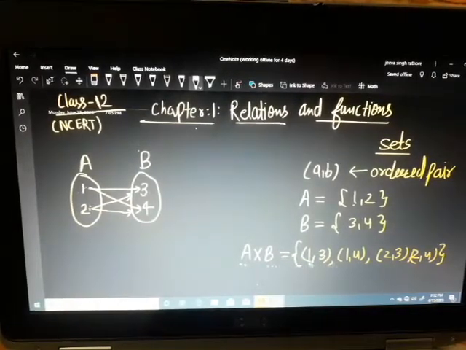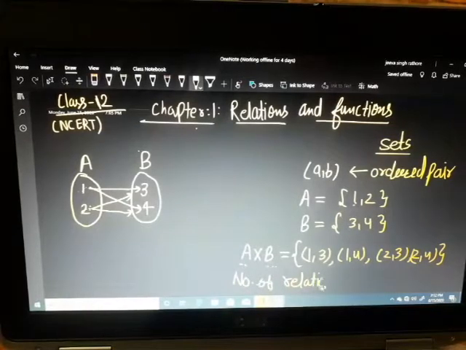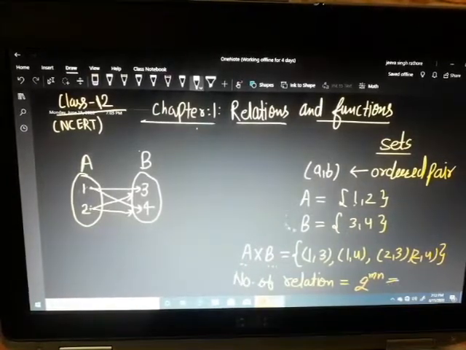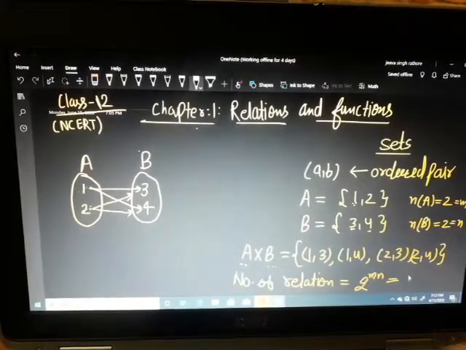So these are all possible relations. The number of relations is given by 2 to the power mn. In set A, the number of elements is 2, represented by the cardinal number m. In set B, the number of elements is also 2, represented by n. So the number of relations is 2 to the power m into n, 2 into 2, that is 2 to the power 4.